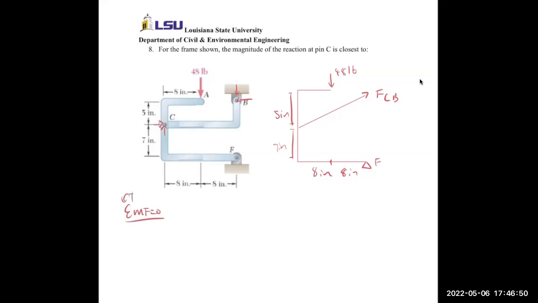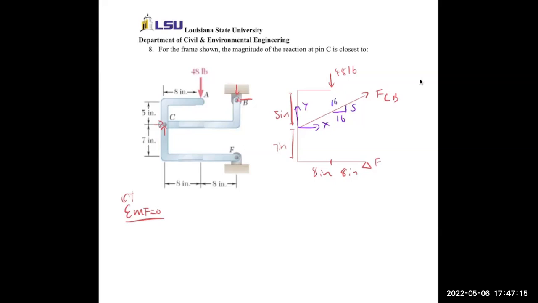So FCB, you have to divide that into FCBY and FCBX. And also we need to determine those distances. So this is 16, and this is 5. Okay, and then do the Pythagorean theorem.